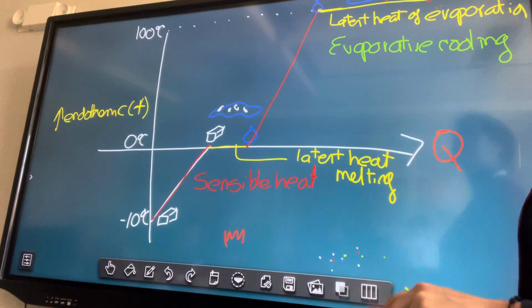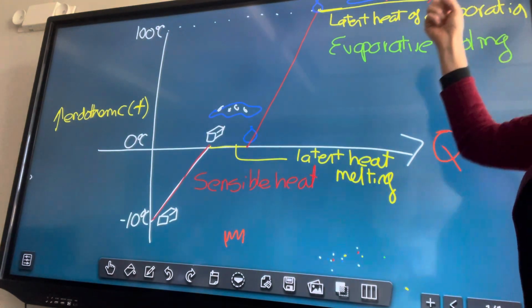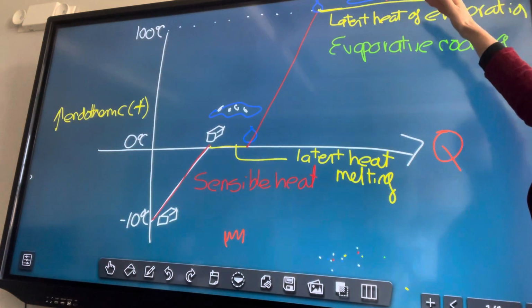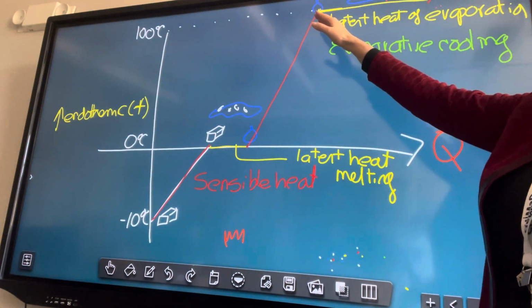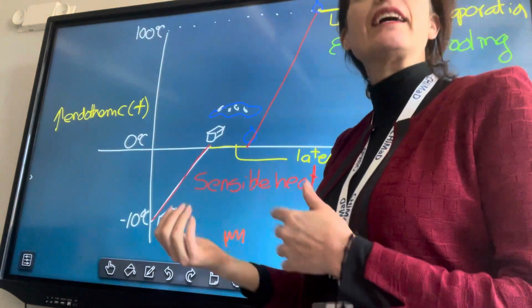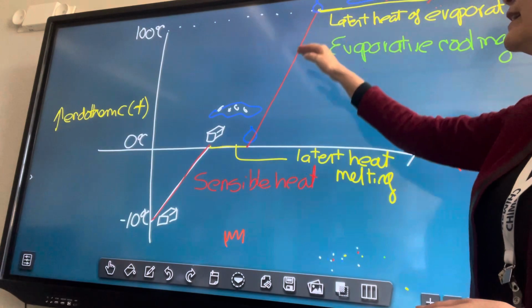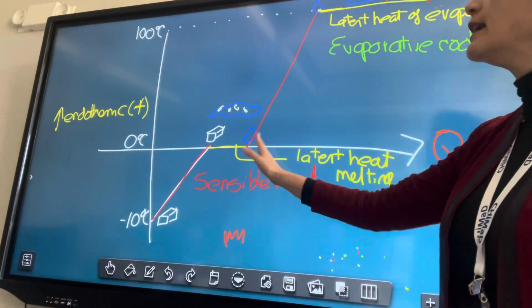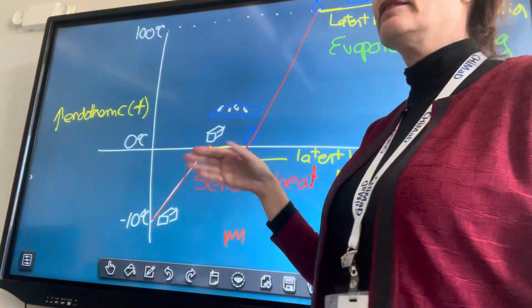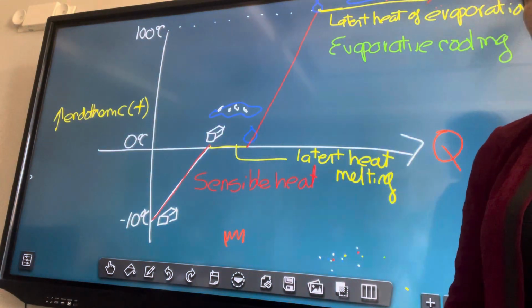Now, I said that going up was endothermic. Well, going down is exo. So if I have steam, for the steam to turn into liquid water, it is going to have to get rid of heat. That's exothermic. Then it's exothermic to have to cool here. Now the one that people get wrong is water, like you are all mostly made out of water.